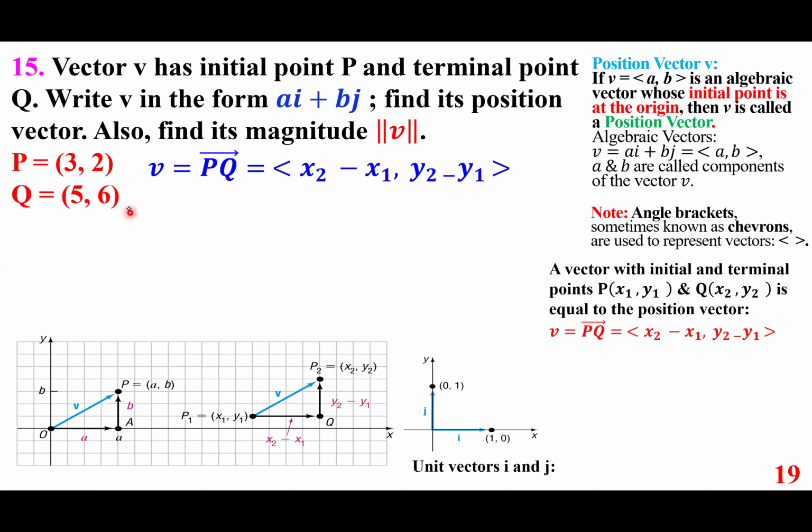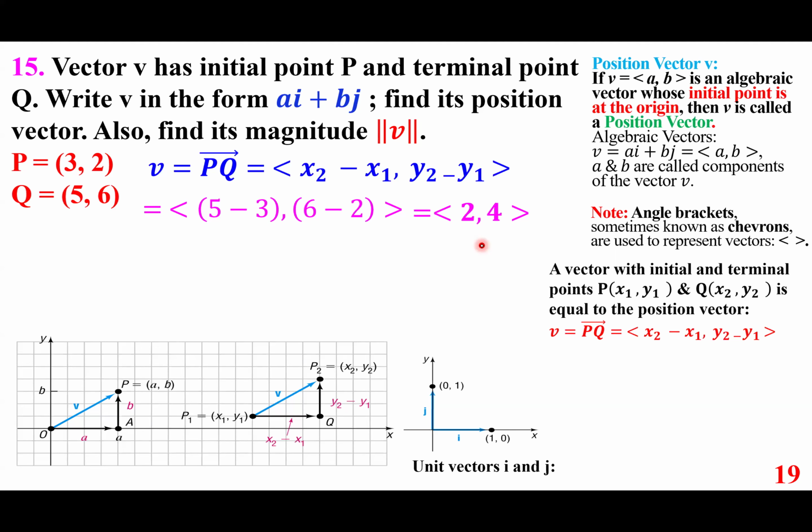Well, we are going to use the same formula. So x sub 2 minus x sub 1, 5 minus 3, y sub 2 minus y sub 1, 6 minus 2, which is (2, 4). So those are the components.